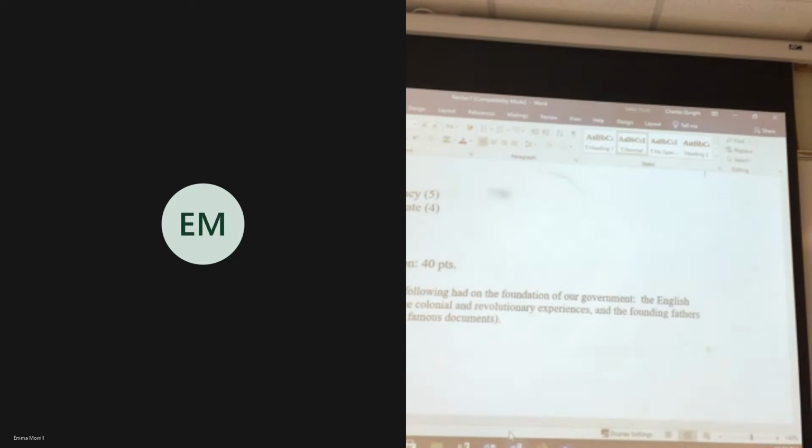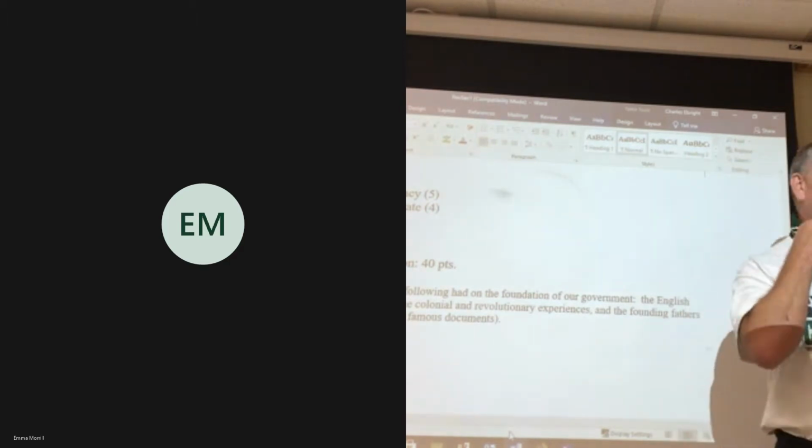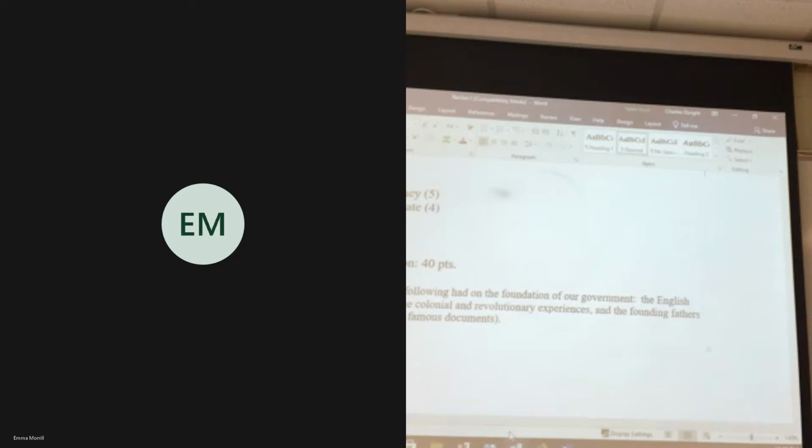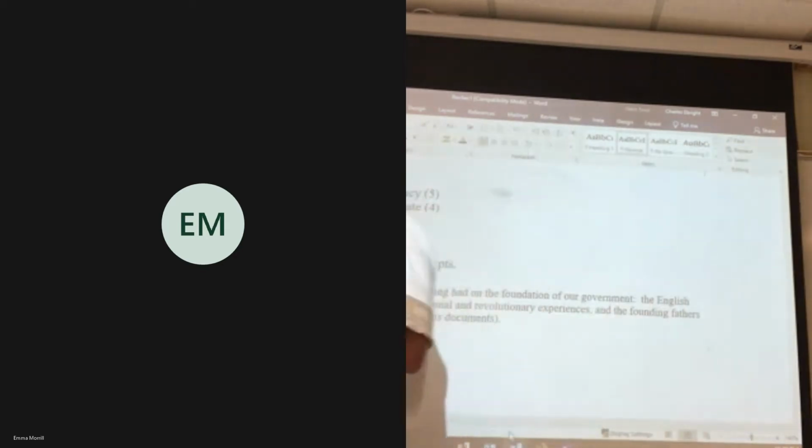Now on the second page, The Crisis, that actually takes place after the Declaration, so you don't really need to include The Crisis. I put it in there because look at the date. It's December 19th, 1776. This is read to Washington's army at Valley Forge, while they're freezing.